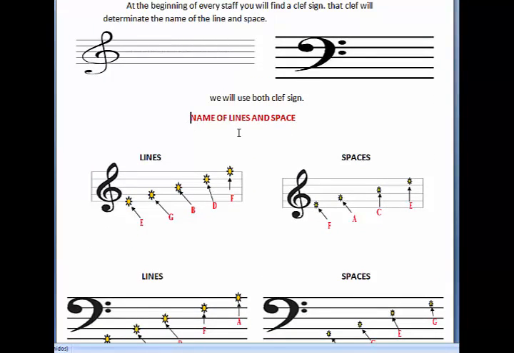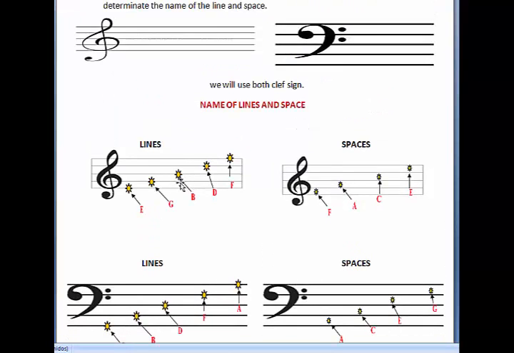Now let me give you the names of the lines and spaces for the G clef. This is very important to know, because if you don't know your lines and spaces, you cannot play any piano or guitar.